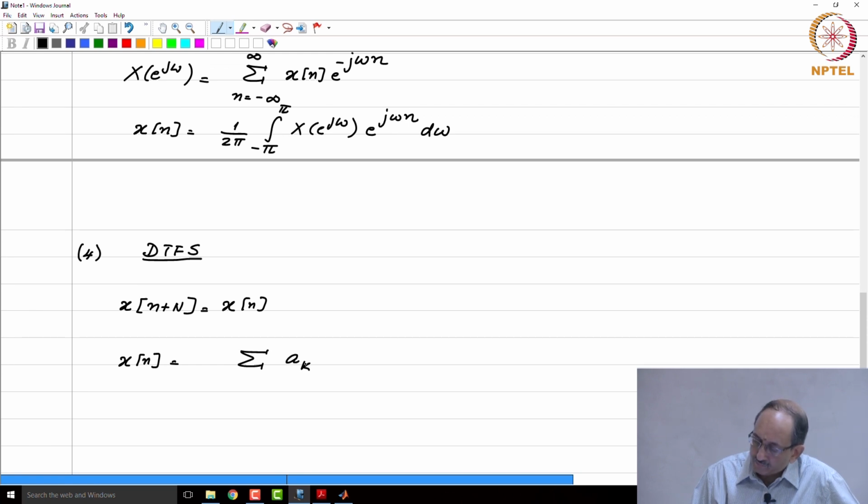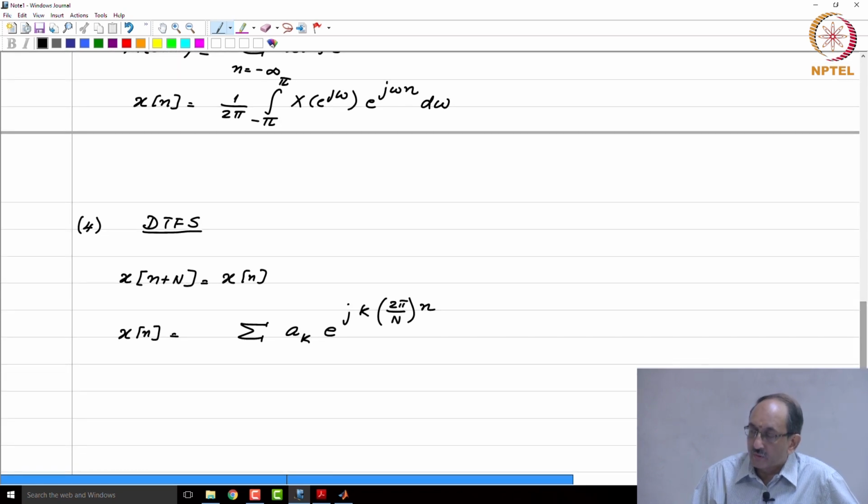So, you have a_k e to the j k omega naught, where omega naught was 2 pi by capital T. Here the periodicity is capital N. Therefore, the role of omega naught that you had seen in the continuous time Fourier series case is now played by the term 2 pi by capital N, k omega naught n. All right.